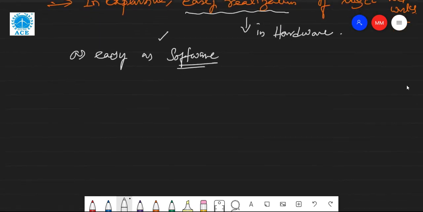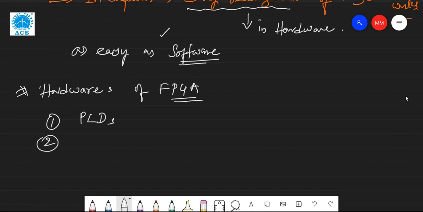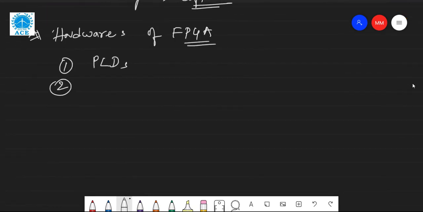Let us see hardware. Which hardware does an FPGA contain? The hardware of FPGA: as I said, these are PLDs only, like CPLD, and logic gates.